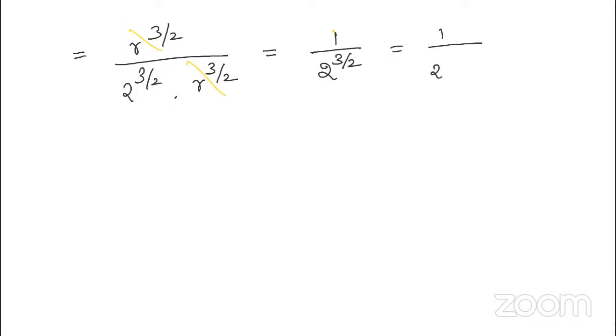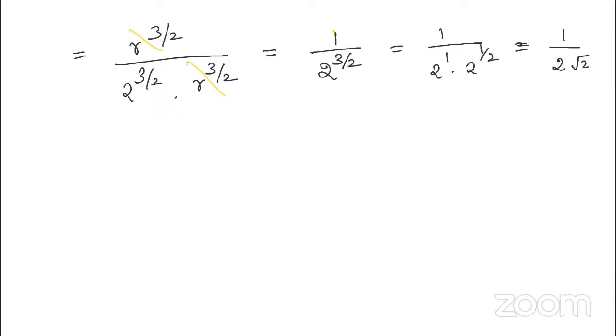Now 2 power 3 by 2 is split into 2 power 1 into 2 power half, since 3 by 2 means 1 and a half. Then again we can write it as 2 into 2 power half, which is root 2.